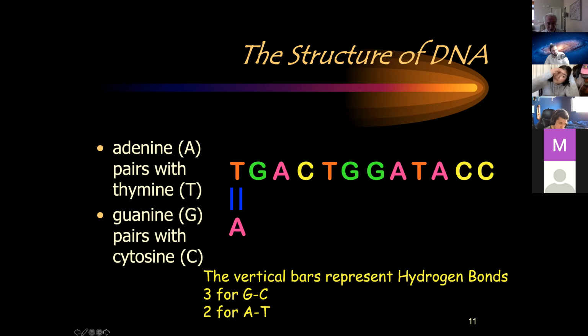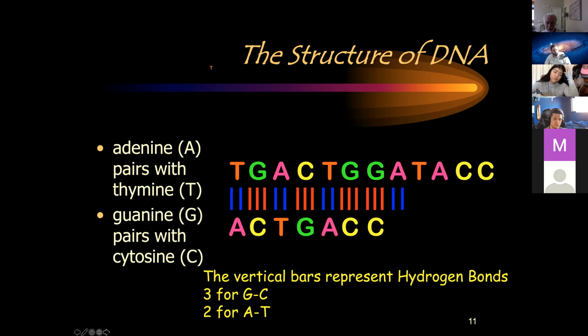Now, this just shows how A's always match with T's and G's always match with C's. But importantly, I want you to notice the blue bars versus the red bars. The hydrogen bonds between A's and T's, there are 2. Between G's and C's, there are 3. So remember that.